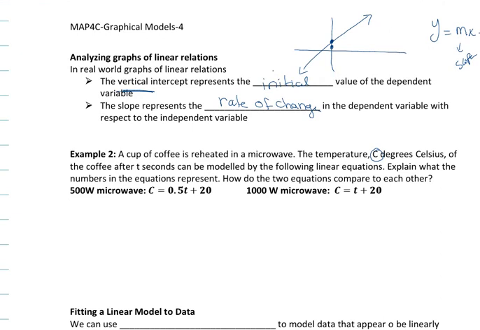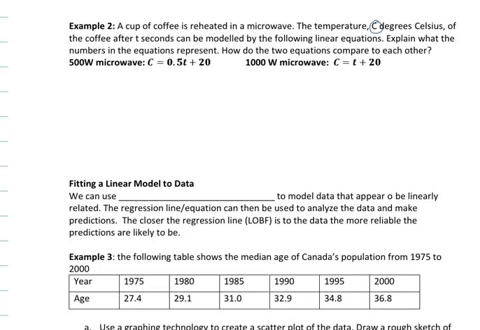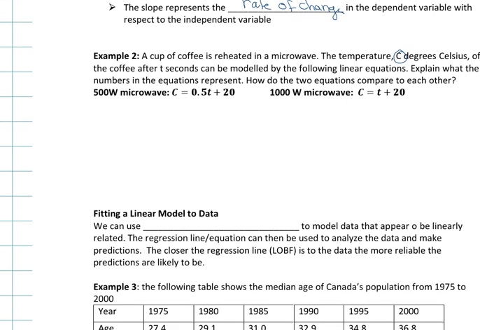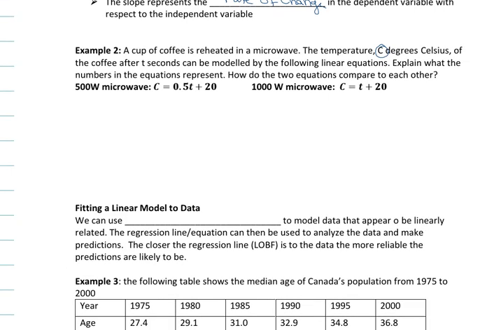And that's the case for both microwaves, right? You're taking your coffee, which is the same temperature, 20 degrees. You're either putting it in the microwave that's 1,000 watts, or the microwave that's 500 watts. Now, if you're looking at your slope, what can you tell me about the slope?